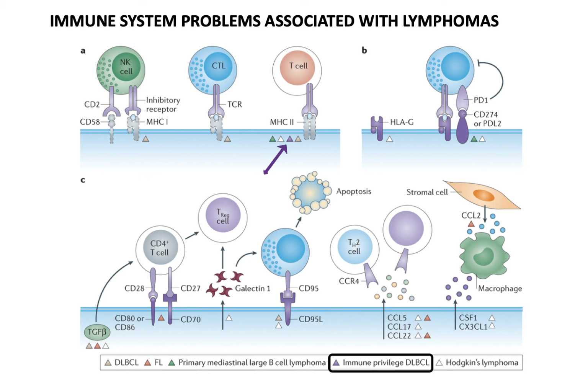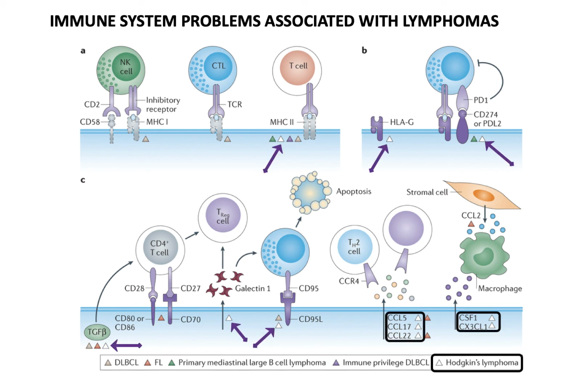The immune-privileged DLBCL. Immune privilege means it only occurs in a few places, and that's in the central nervous system and in the testes, and so that's more limited. And then Hodgkin's lymphoma, which exhibits many of these changes.